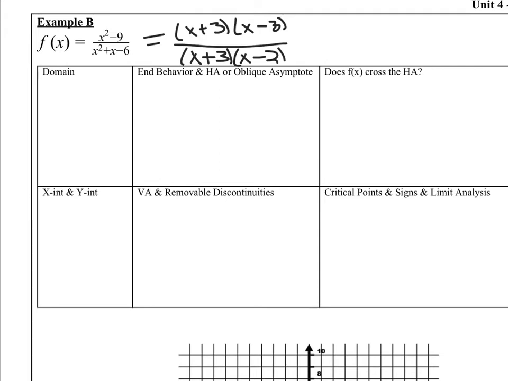Notice I have the same factor, x plus 3, in the numerator and denominator. So that means I'm going to have a hole when that factor, x plus 3, equals 0. So I can go ahead and cross that out since I've written that down. So that will reduce to (x minus 3) over (x minus 2).